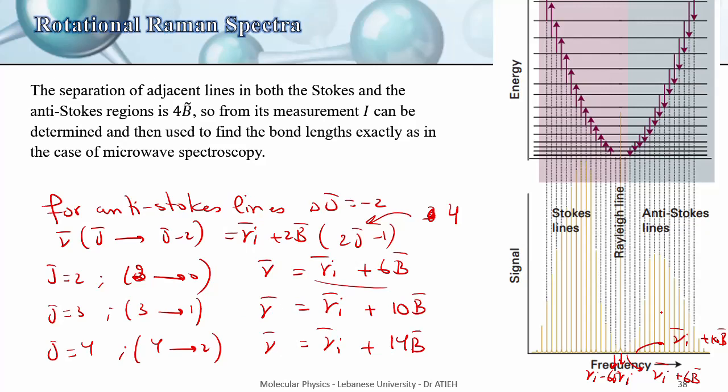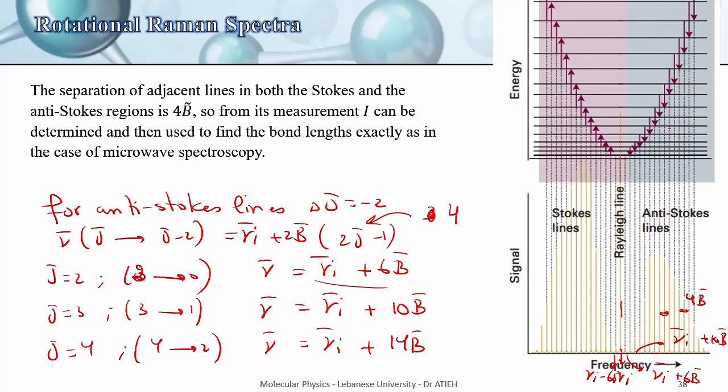So the difference between two successive anti-Stokes lines is also equal to 4B bar. Now the line in the middle corresponds to the Rayleigh line, when the frequency of the incident photon is equal to the frequency of the scattered photon, and it lies, as you can see, at the frequency nu I.